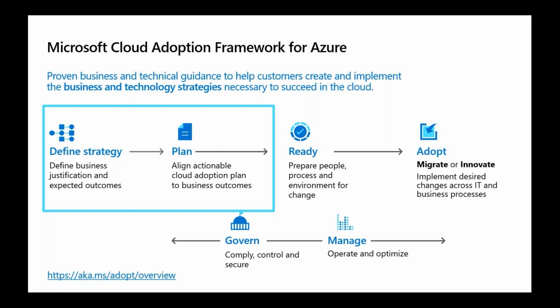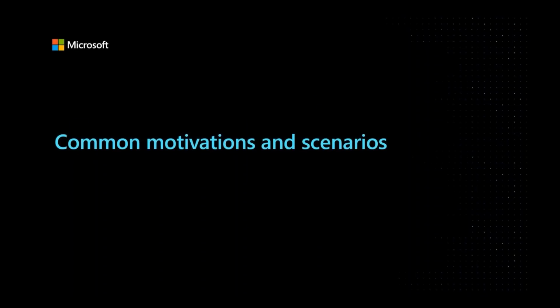So from defining strategy and plan, and that means also the security should be part of every pillar, not just governing and managing once you are in the already adopted cloud, but during the define strategy and plan phases as well. Well, anyway, let's look at some possible motivations for cloud adoption and some common blockers.